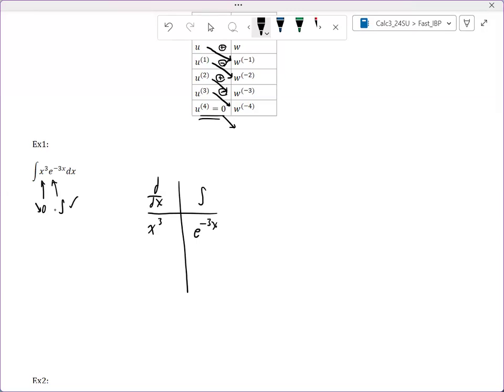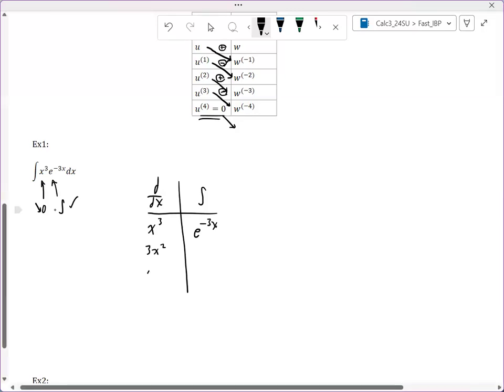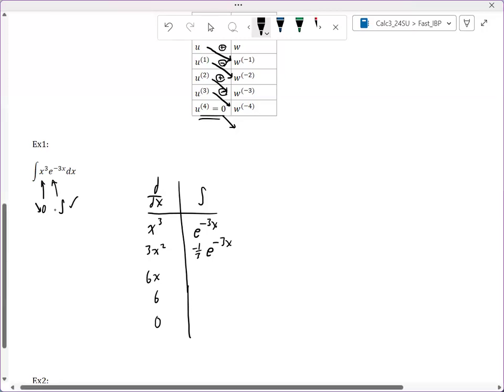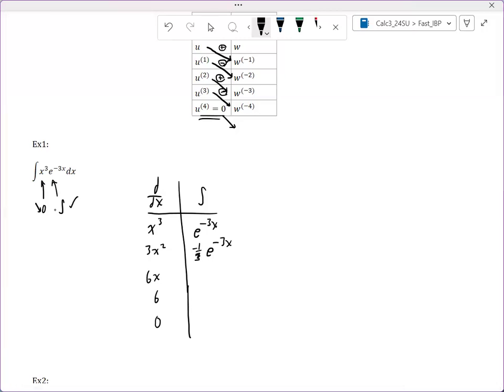And if I go down my differentiation column, I have 3x squared for the derivative, 6x, 6, and 0. And integrating e to the negative 3x gives me e to the negative 3x times negative 1/3. Then e to the negative 3x times positive 1/9. e to the negative 3x times negative 1/27.